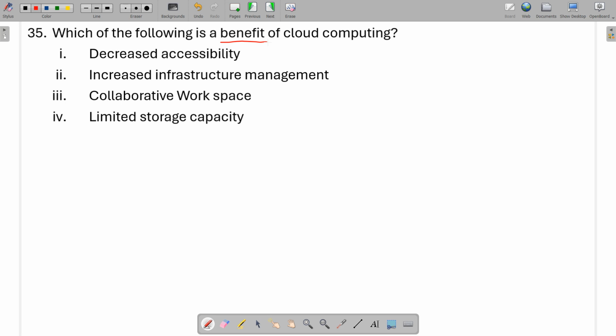Those things are there in the cloud. We are given the chance to store in the cloud, so we don't need to maintain local storage at our place. So generally the infrastructure management decreases, it's not going to increase.